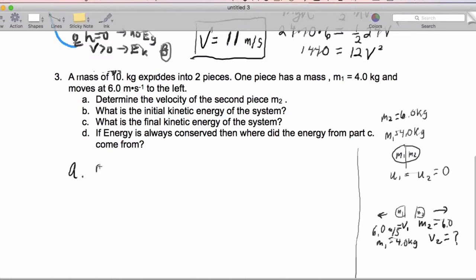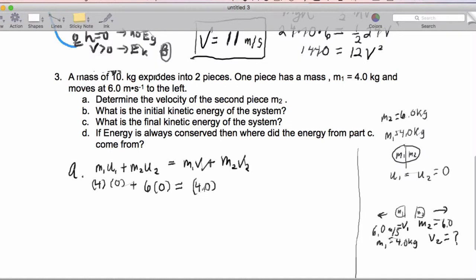Let's actually plug in our formula. So M1 U1 plus M2 U2 equals M1 V1 plus M2 V2. Plugging in our numbers. 4 for M1 times 0 plus 6 times 0 equals M1 V1, which is going to be 4.0.